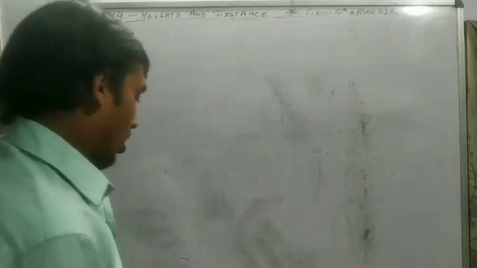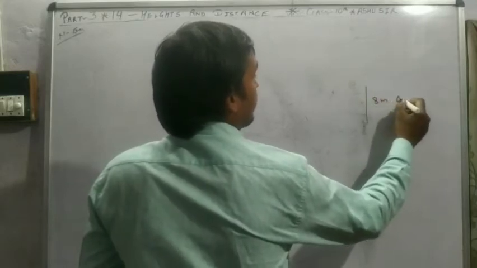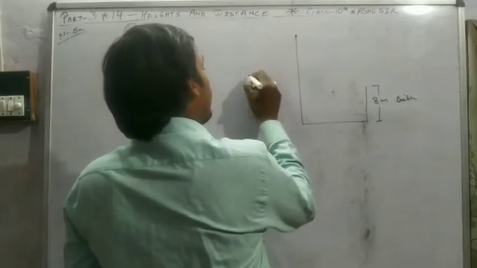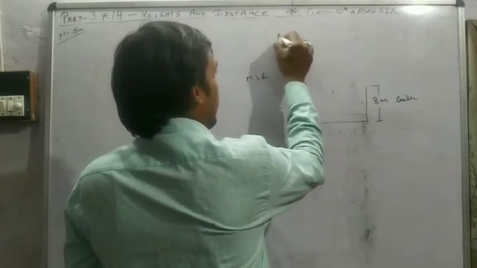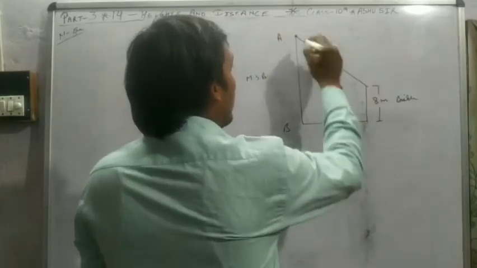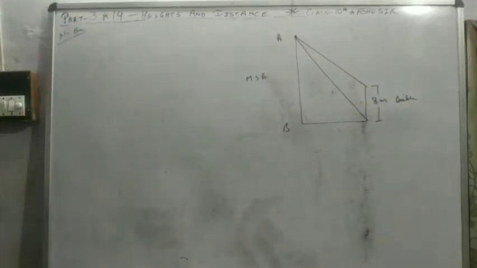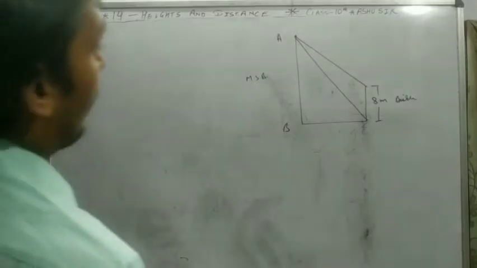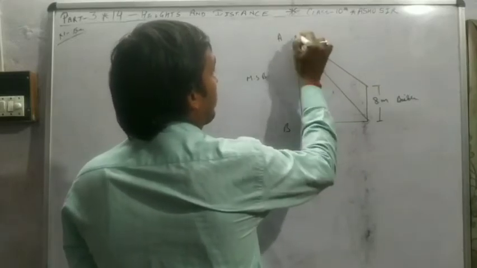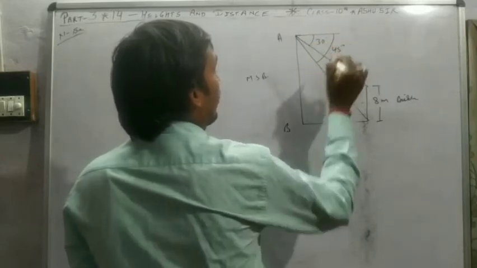Means an 8-meter tall building, and from a multi-story building, the angles of depression of the top and the bottom of the building are 30 degrees and 45 degrees.